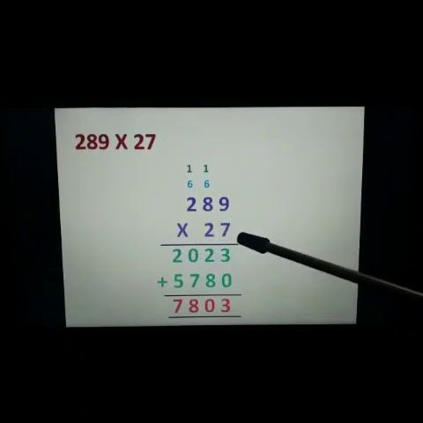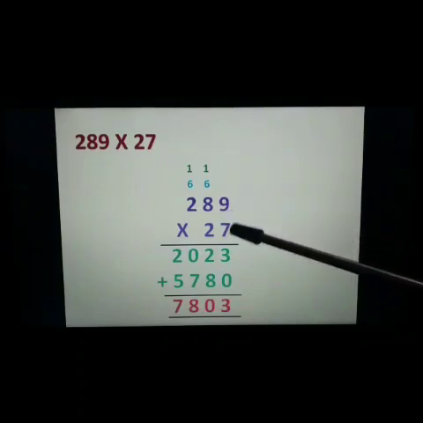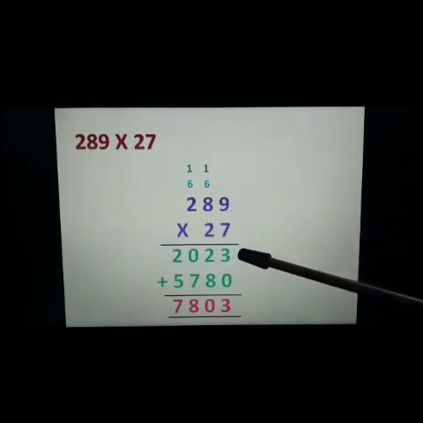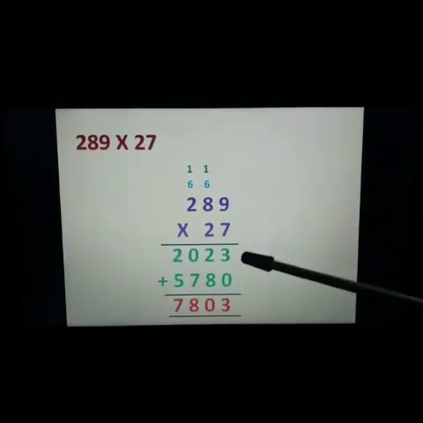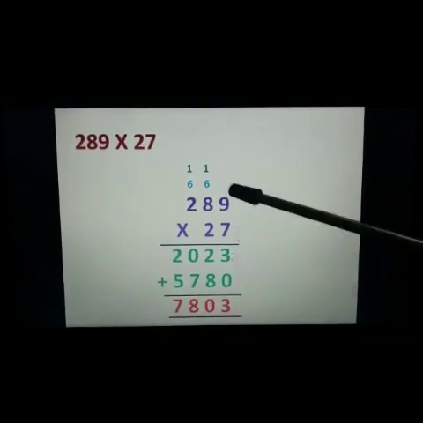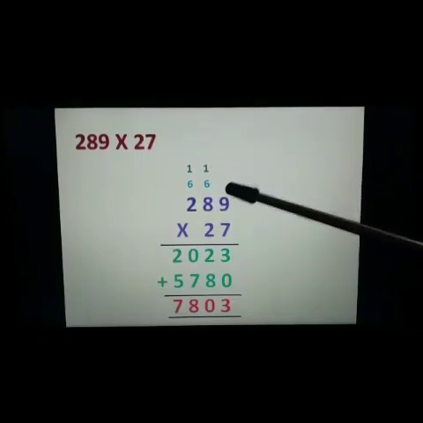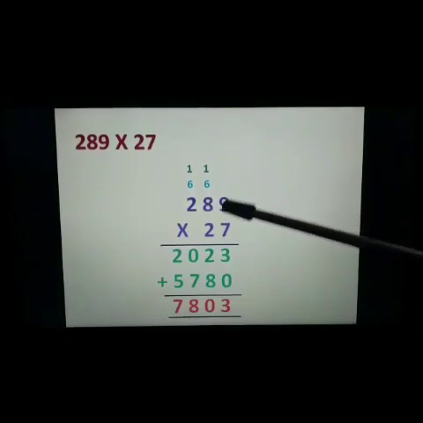Now we will multiply by 7 first. Now 7 nines are 63: 6 at the tens place and 3 at the ones place. So 3 will be written here and 6 will be carried over to the tens place.